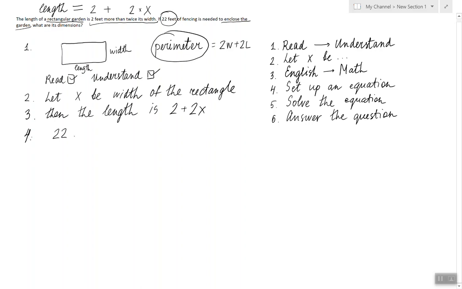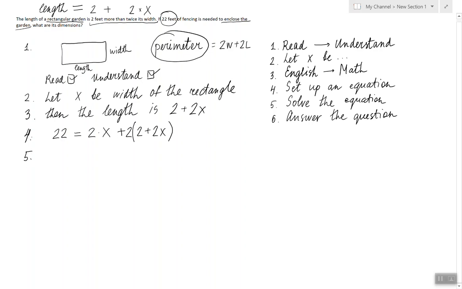the equation is 22 feet is equal to 2 times the width, but the width is denoted with the letter x, plus 2 lengths, which is denoted with 2 plus 2x. A lot of 2's here, but that's the equation. So step 5 is to solve this equation.